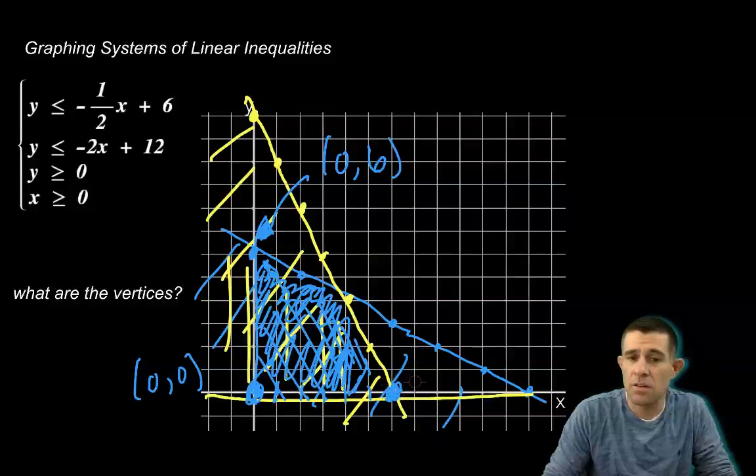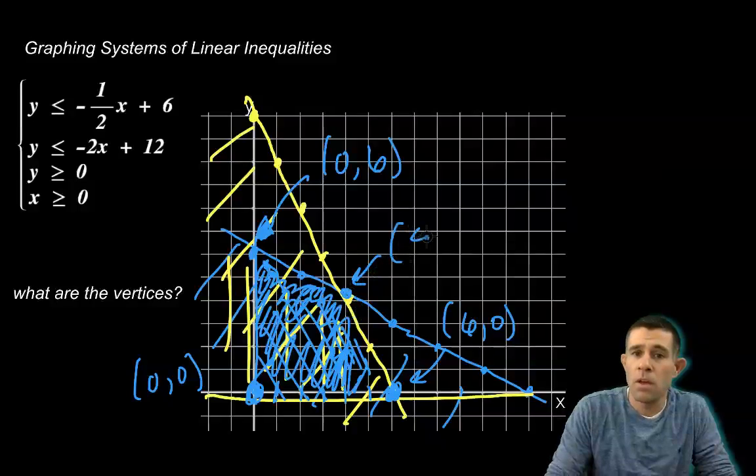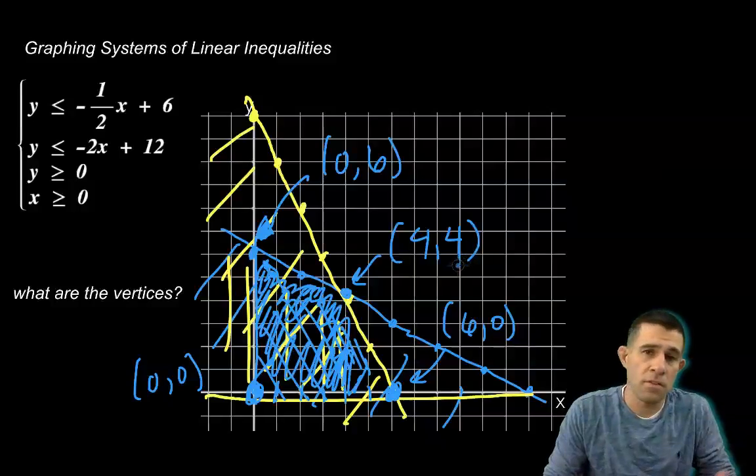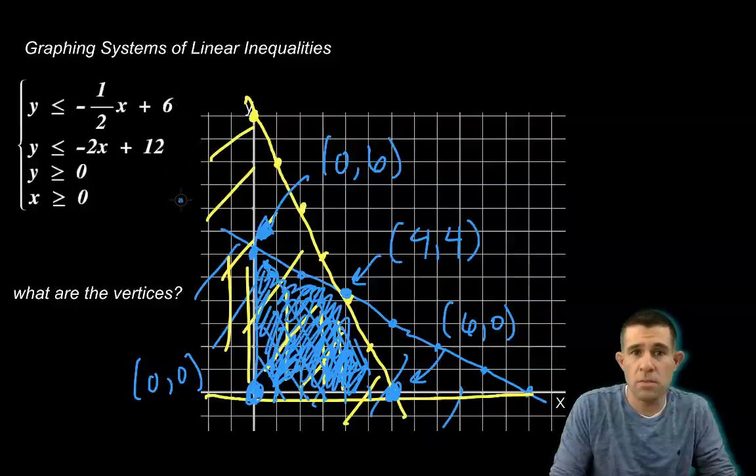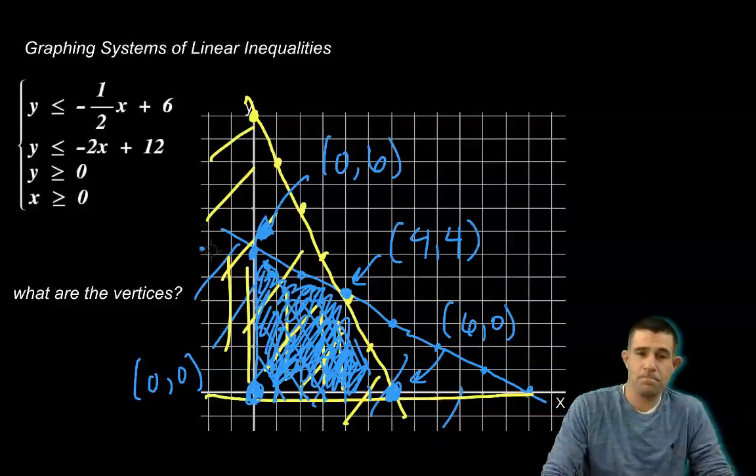So here's another vertex of this feasible region, and that's at 6 over and 0 up. And then finally, we have this point here where these two lines intersected. So that's at 4 over, 4 up. So these are the vertices of this feasible region, and it's in this overlapping area where we will find solutions to this system of linear inequalities.